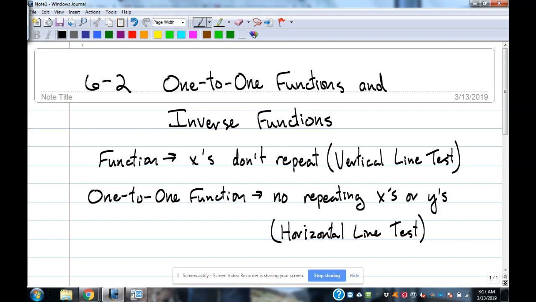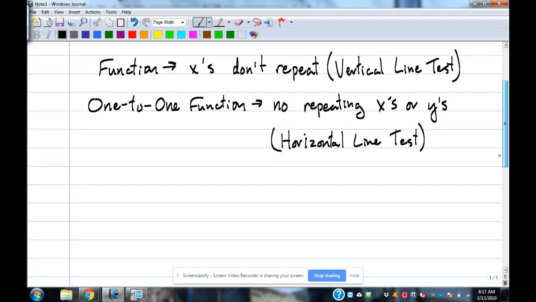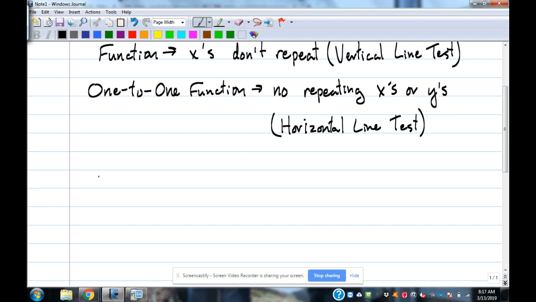Let's look at what an inverse function is, or how it even exists. Functions can have inverses, but one-to-one functions have inverse functions.